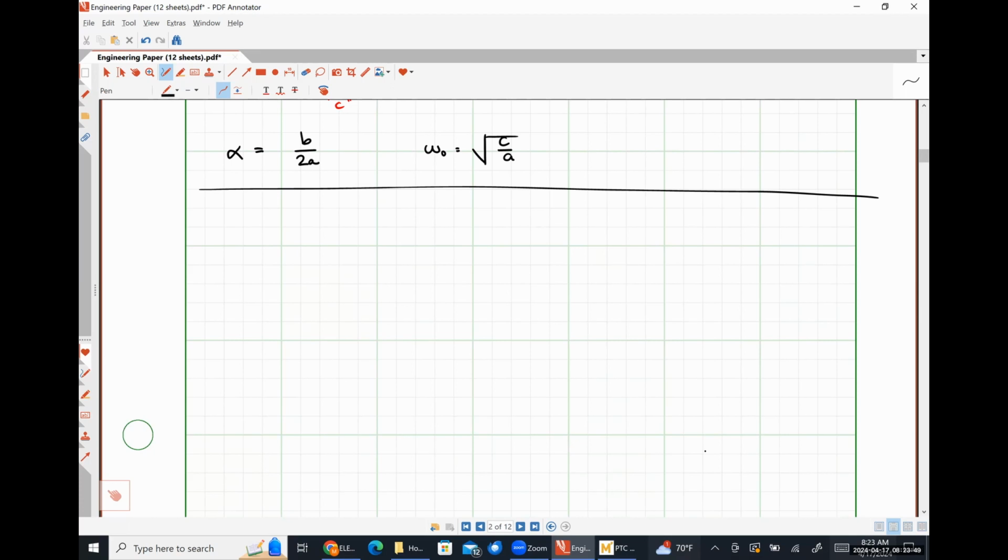Let's see here. Trying to think if I can do a natural response problem. It doesn't particularly matter. All right, I'm going to give myself a network to work with, and then we'll sort things out from there.